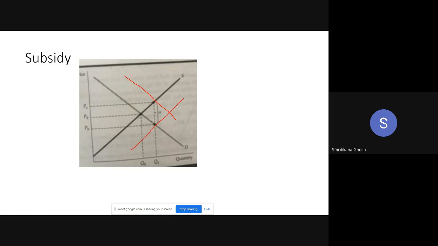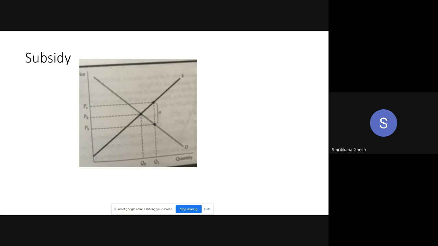So ultimately, just like the tax, the effect will be the same. The benefit of the subsidy is also distributed between producer and consumer, like the tax. In case of tax, it is the burden. In case of subsidy, it is the benefit. But it is distributed between both sides.